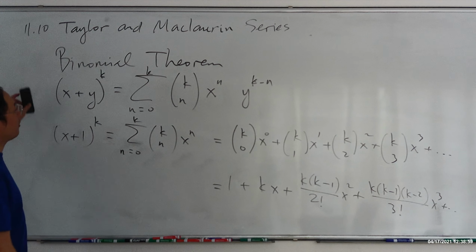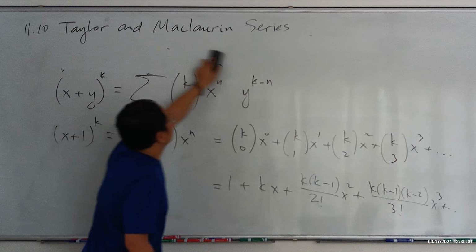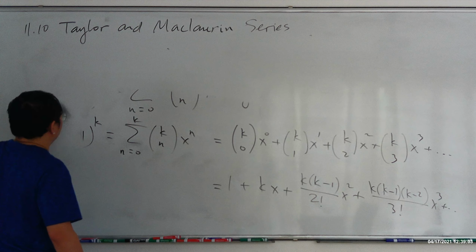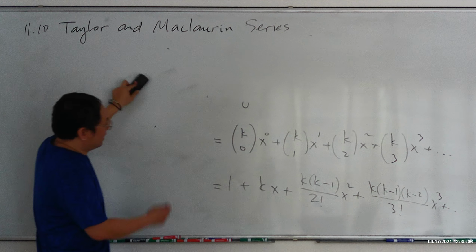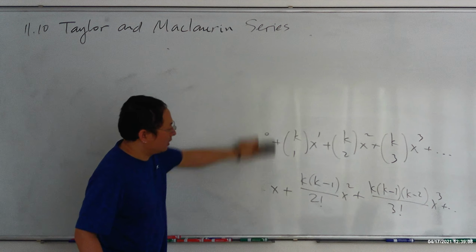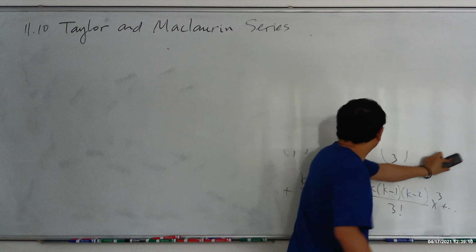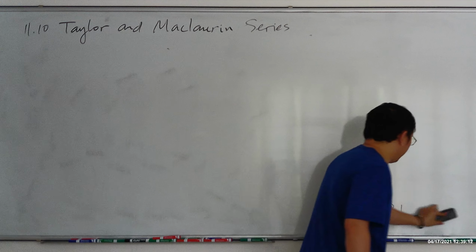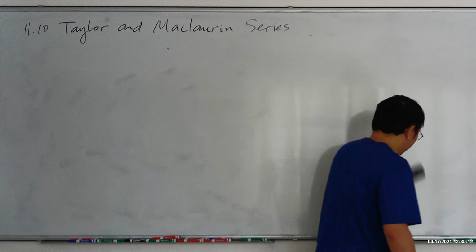Let me rewrite the whole thing. Make sure that you all get the right version, because I try to link what you're learning here with the binomial theorem that you have in pre-calculus, and it turns out that two different books use two different notations, so it may get confusing.